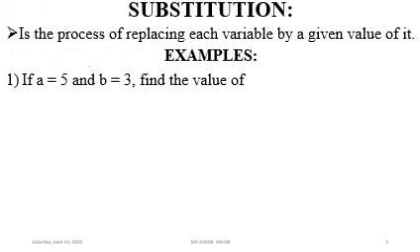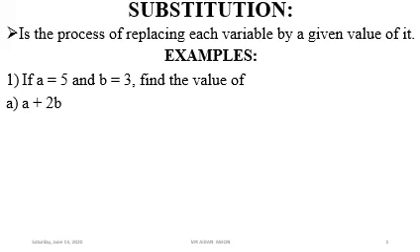Example number 1 says: if a is equal to 5 and b is equal to 3, find the value of a plus 2b. So you are given the value of a is 5, the value of b is 3, and you are required to find the value of a plus 2b.